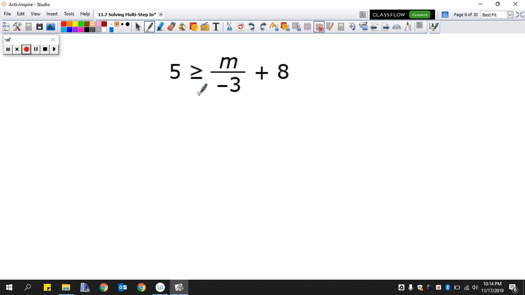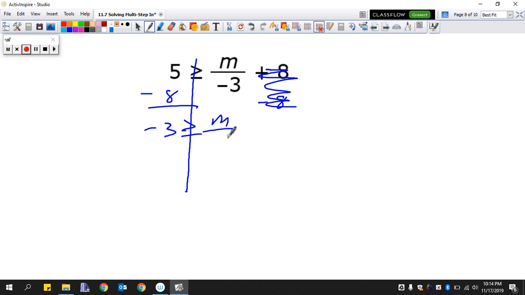All right, so this one's a little bit different in several ways. Here we have the variable on the right-hand side, and it doesn't make any difference. We still solve it the same exact way. We have addition and we have division. The opposite of addition is subtraction, so -8, -8. The 8's cancel out here. 5 take away 8 is -3, greater than or equal to m divided by -3.